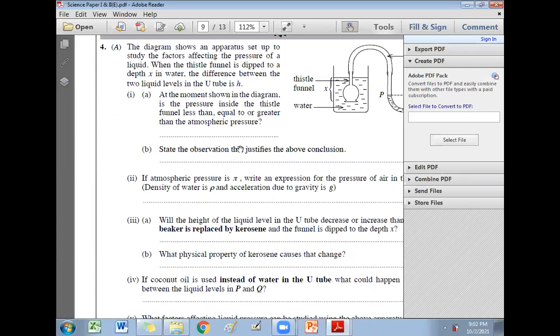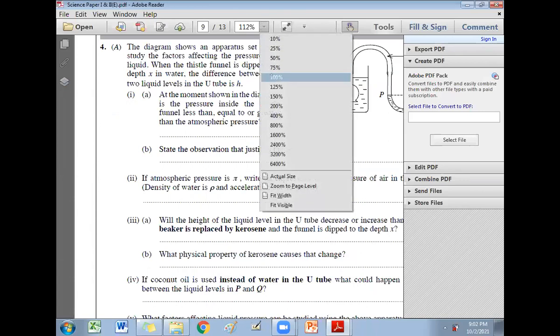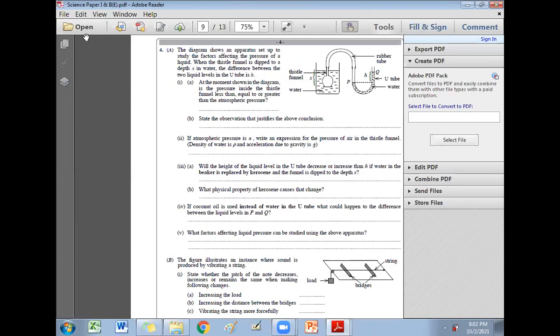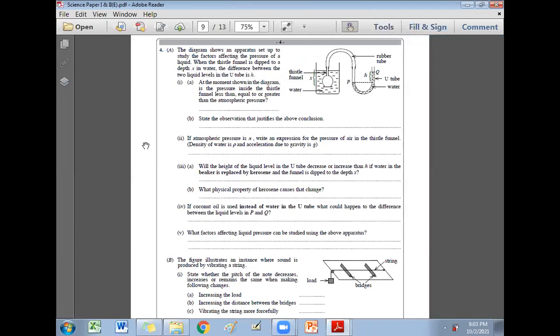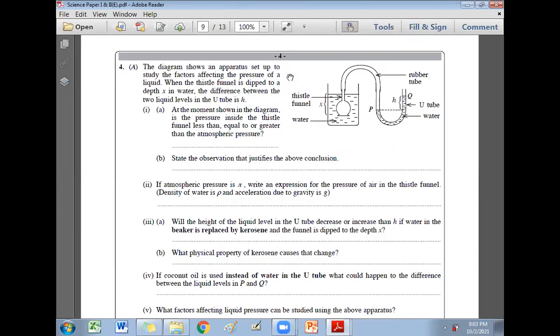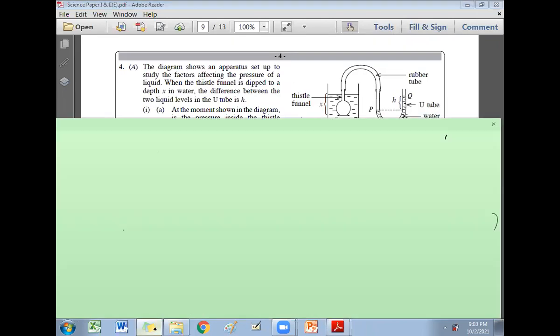What is this from? This is from grade 10 physics, pressure, chapter 15.